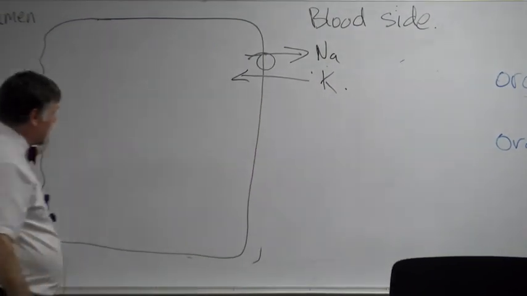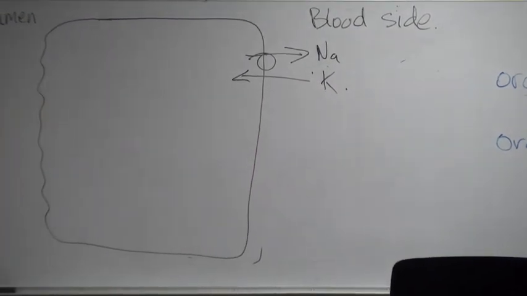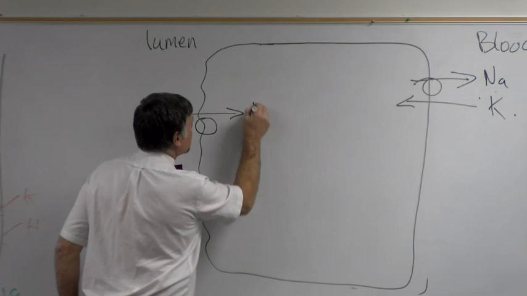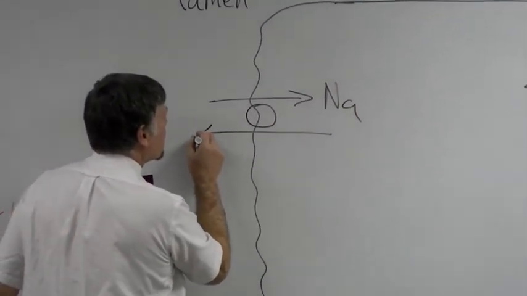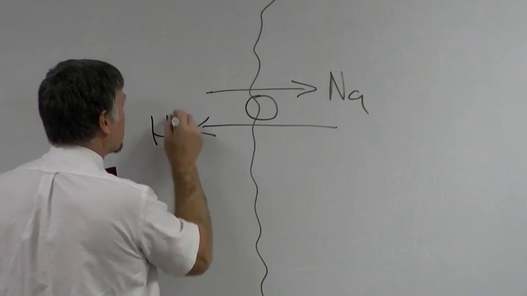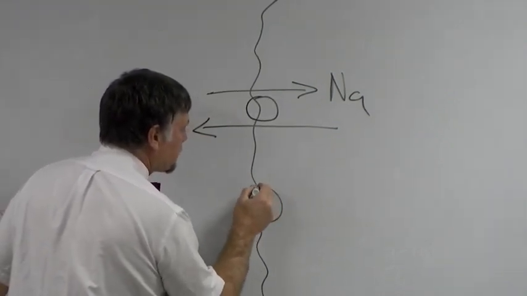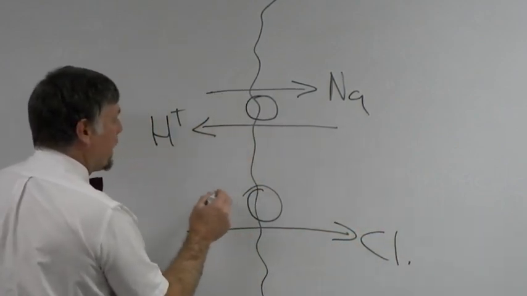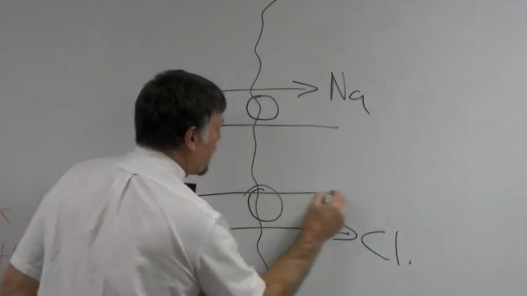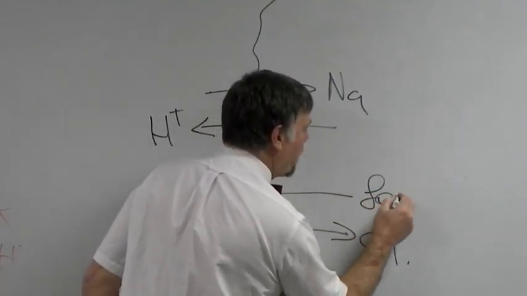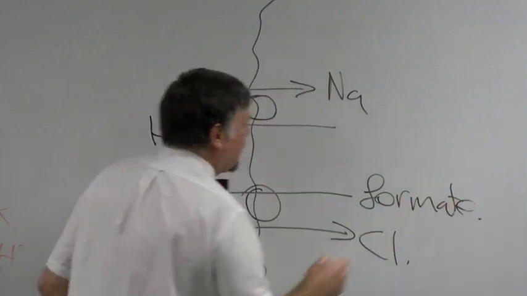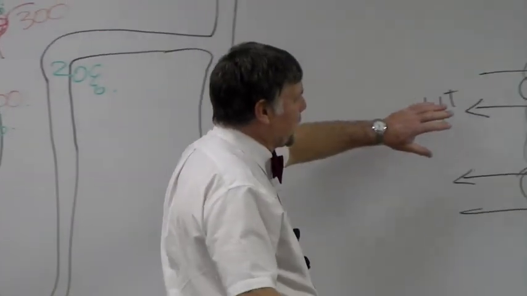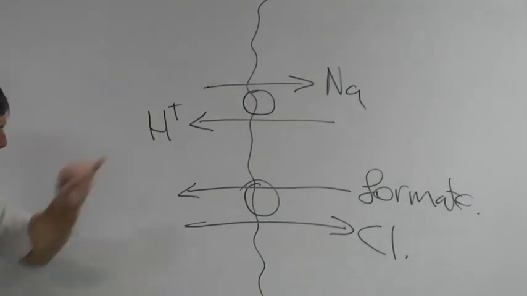All right. So in this part of the tubule, you have, and I'm going to put in what Costanzo uses. I think it's formate. So, at one time I tried to cancel out some of these things and it didn't work very well, but I think it's worth doing it this way.